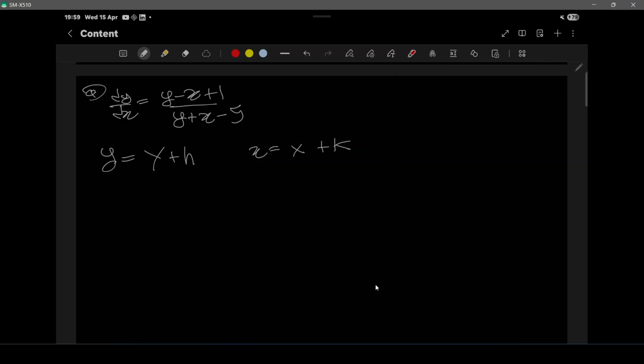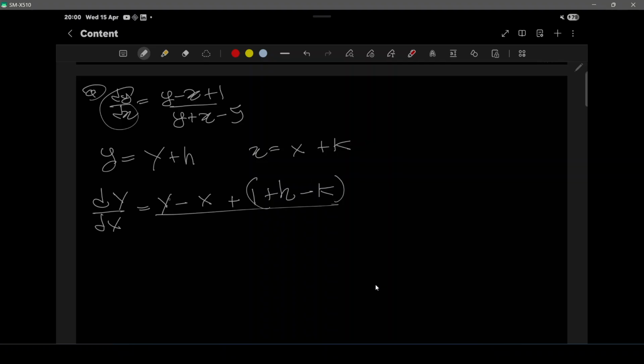If you remember, dy over dx can be replaced by d capital Y over d capital X, and when you do the substitution, what we have is y minus x plus 1 plus h minus k over y plus x plus, here we have minus 5 and plus h and plus k. You wonder how I write this. You do the substitution. I do it from mind. Maybe you have to write another step to get in here. If you can directly do it, it will be good.